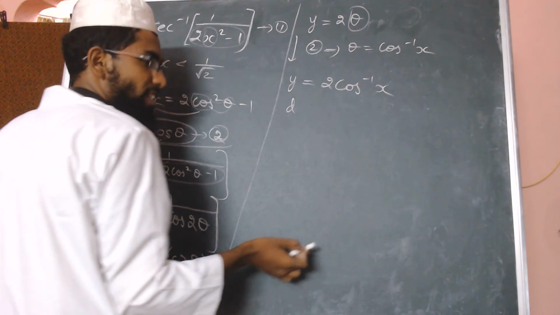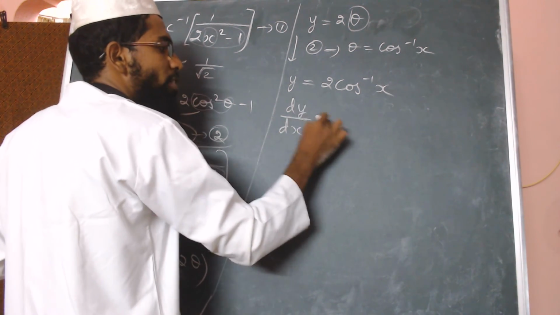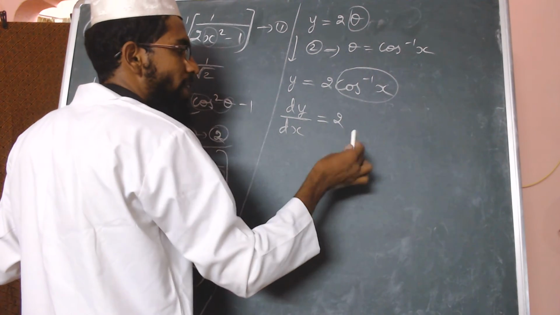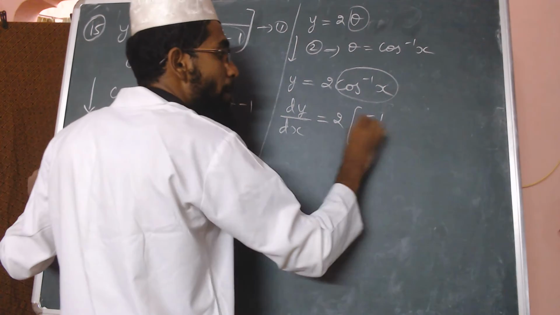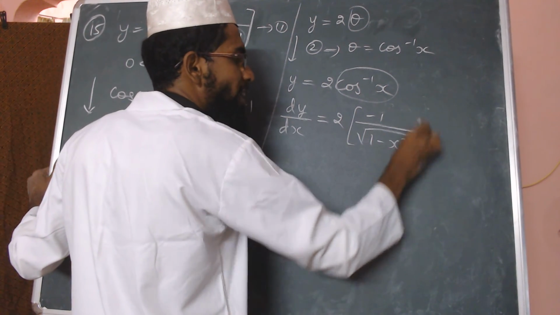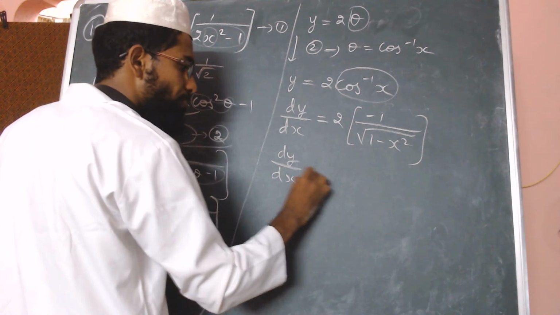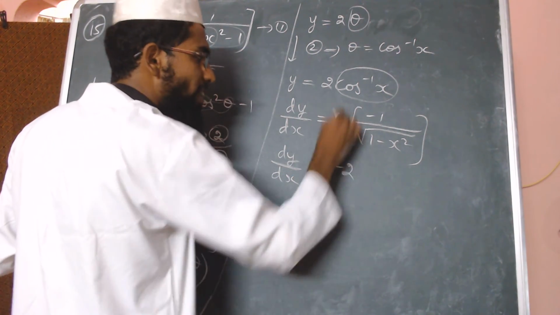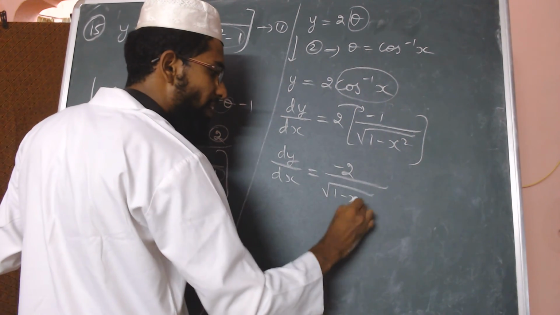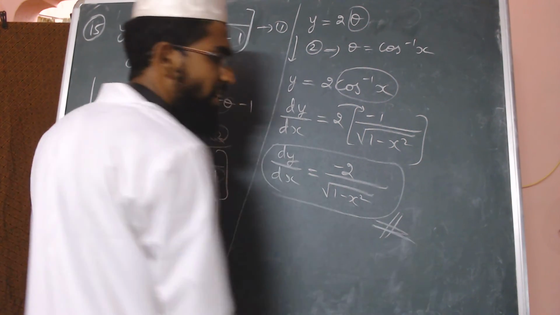Now if I differentiate this, left hand side dy by dx equal to right hand side, 2 is constant but it is in product with the variable, put that 2 as it is. Derivative of cos inverse of x is minus 1 by root of 1 minus x square. So dy by dx equal to minus 2 by root of 1 minus x square. So this will be my dy by dx.